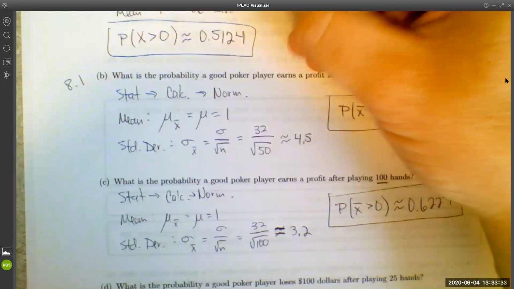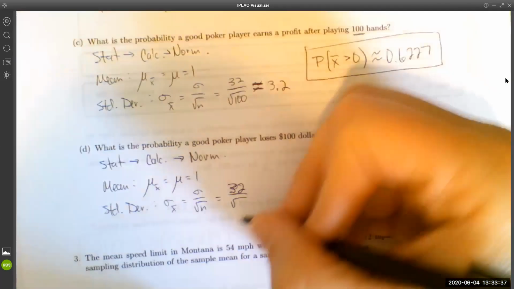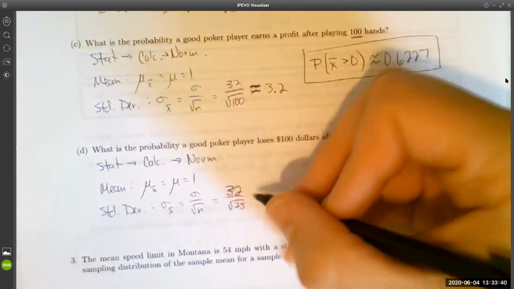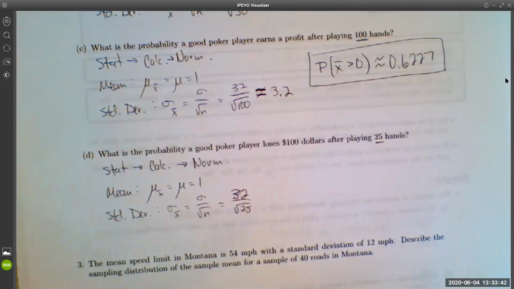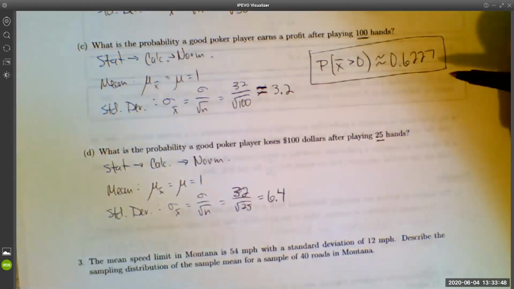What was sigma? 32, right? So we put in 32 divided by the square root of 25 this time. 32 divided by 5 comes out to exactly 6.4.